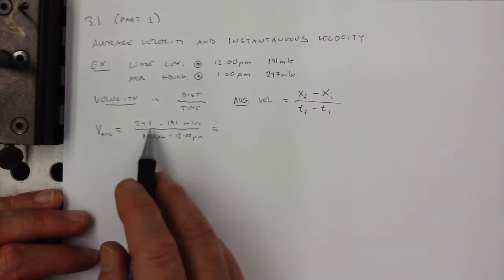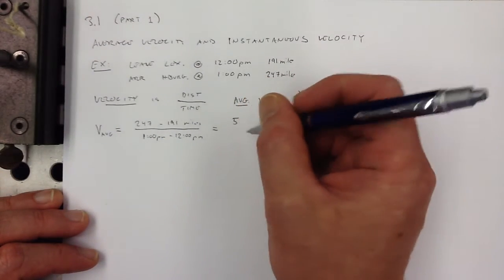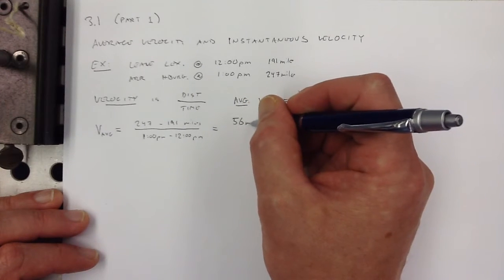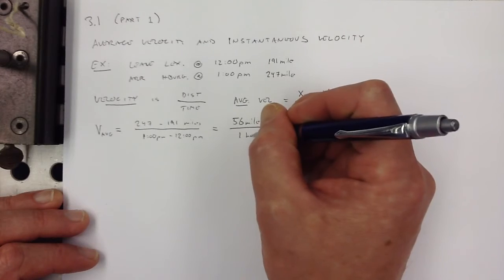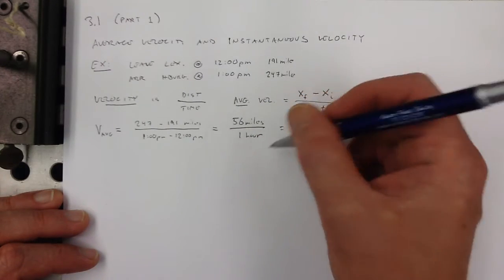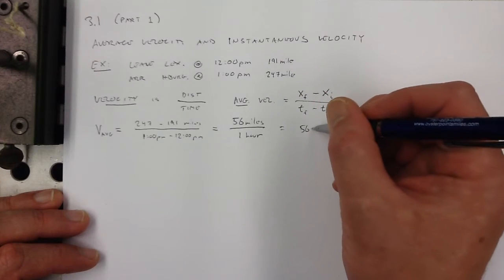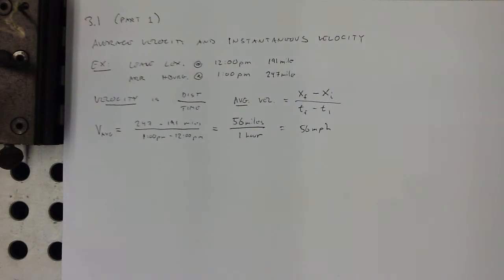So that would be 56 miles in 1 hour. So our average velocity is, you could say 56 miles per hour if you like to write it that way. There you go. Okay, now what else can we say?